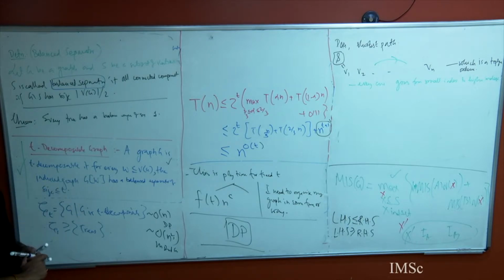Suppose they are weighted. Every arc has weight, and I want to find min weight.